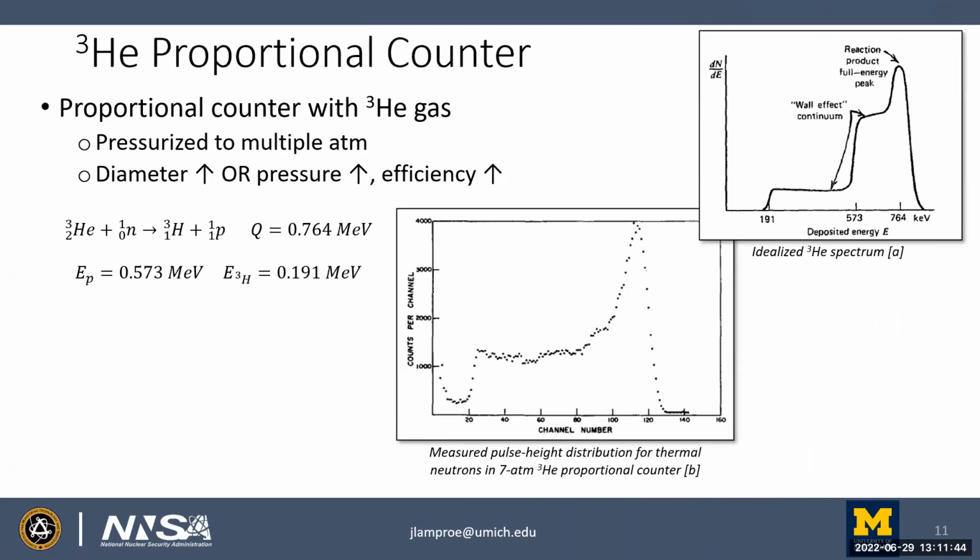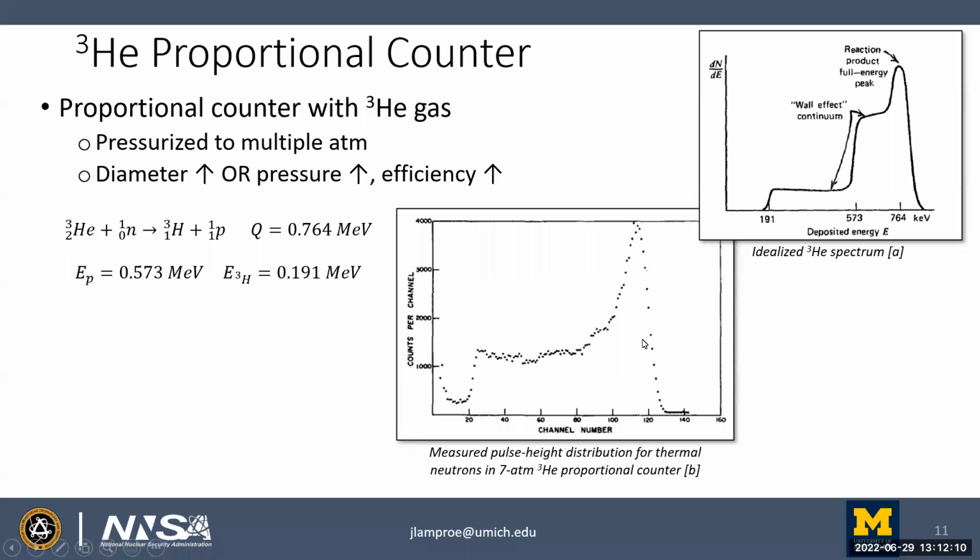And so another one we have are helium-3 proportional counters, very similar to the BF3 proportional counters, except instead of the proportional gas being the BF3, it is helium gas. And these are pressurized to multiple atm, so high pressure. And then it's kind of the same things, except you have only one Q value in this reaction.